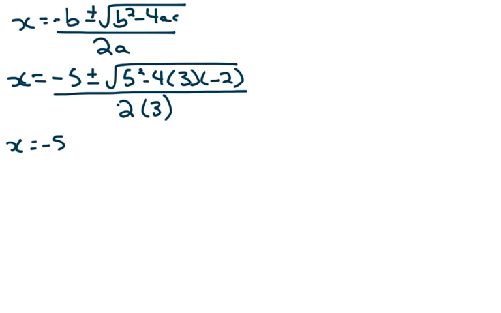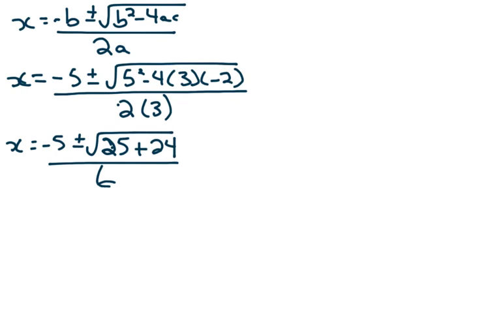Start working out the math. 5 squared is 25. Negative 4 times 3 times negative 2 gives us plus 24. 2 times 3 gives us 6.